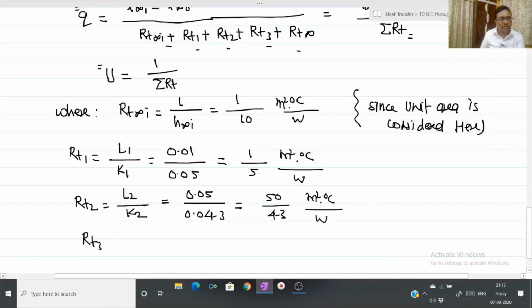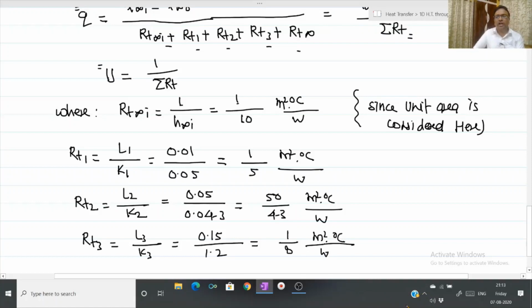RT3 will be L3 over K3. This can be 0.15 over 1.2. That is thermal resistance of concrete wall, and it will give me 1 over 8 meter square degree Celsius per watt.